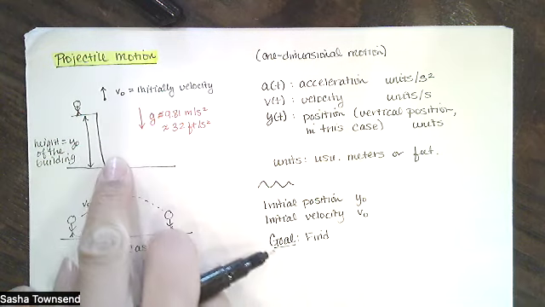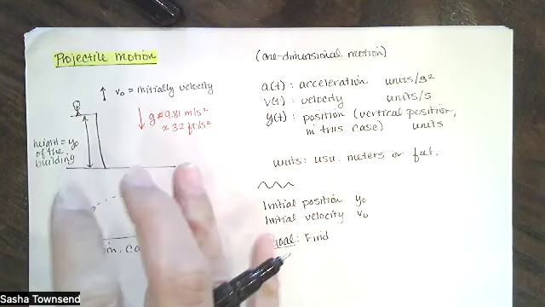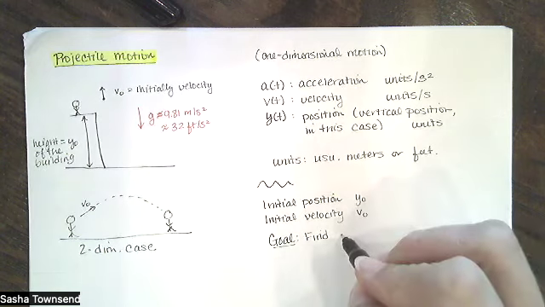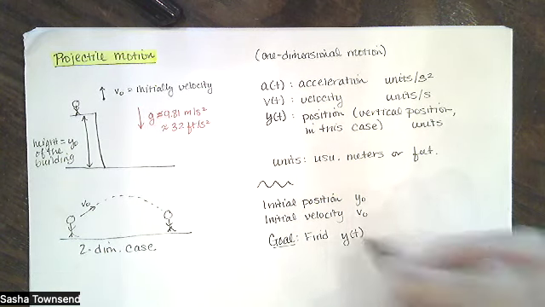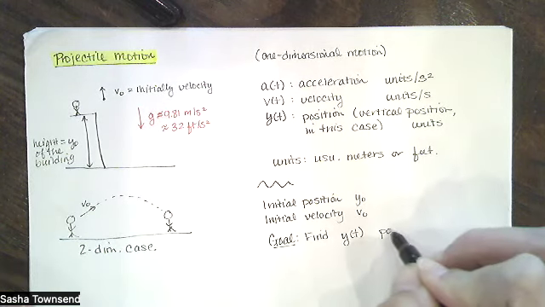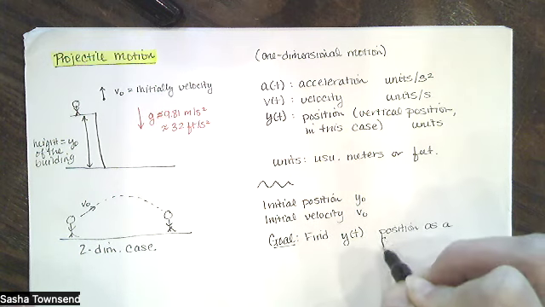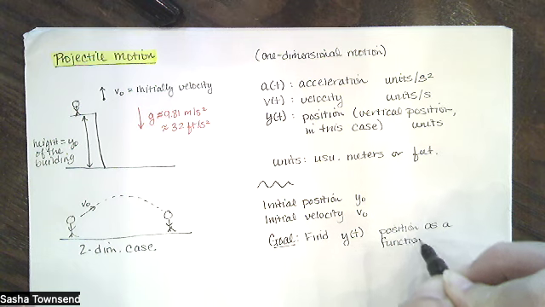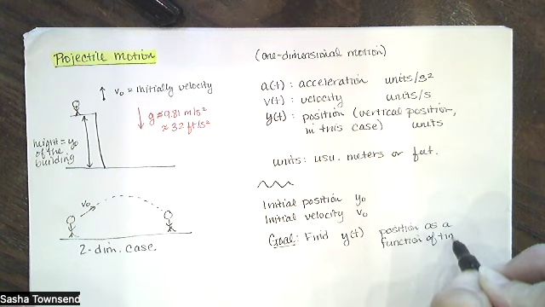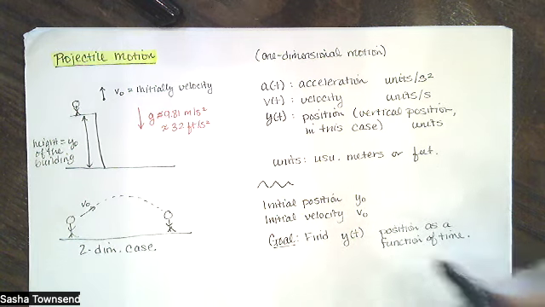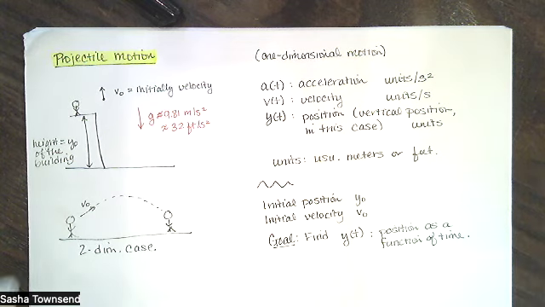Since we're talking about position in this vertical direction for this one-dimensional example, we're going to call our position function y of t, and that's going to be in some kind of unit.